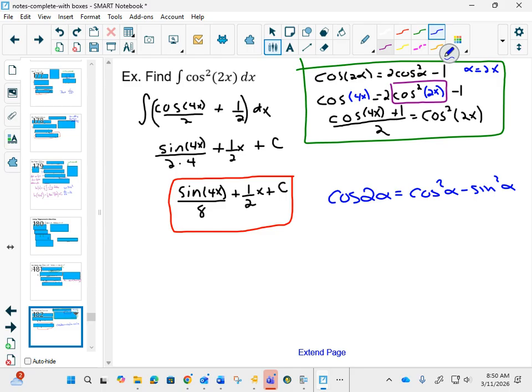If, like in this case, I only had cos squared, so if I want only cos squared, well, sine squared is 1 minus cos squared. And if you do that simple substitution, you're going to get 2 cos squared alpha minus 1. I mean, you can memorize all three if you want, but if you have one memorized, you can always do a simple substitution to find the other two.